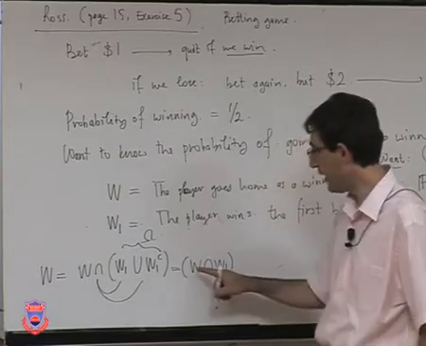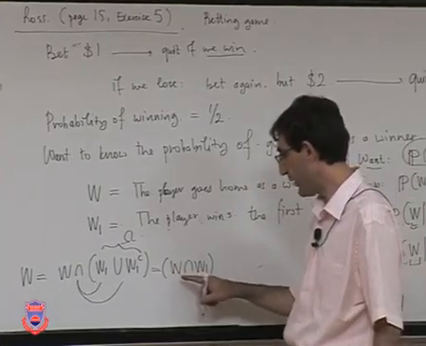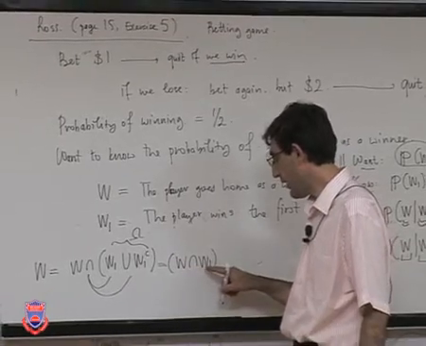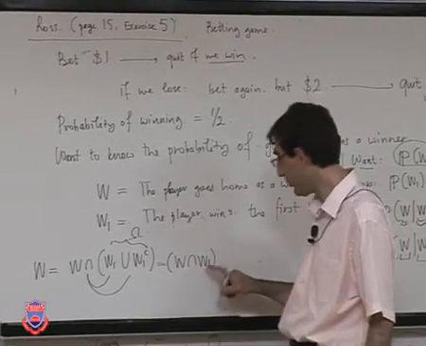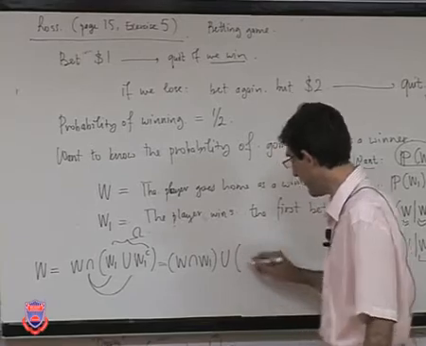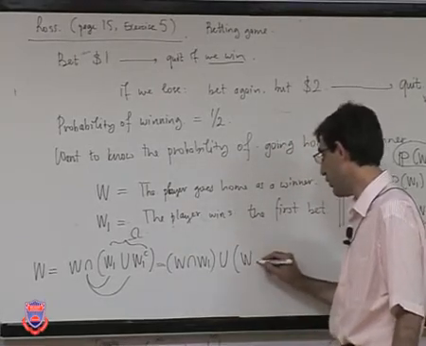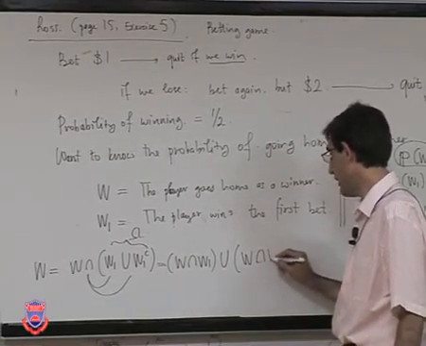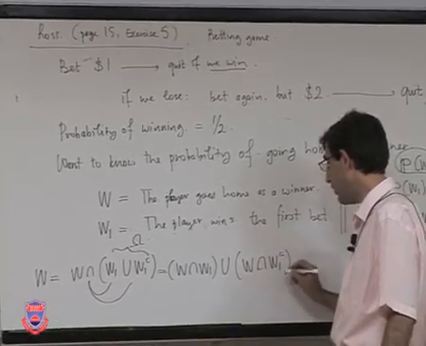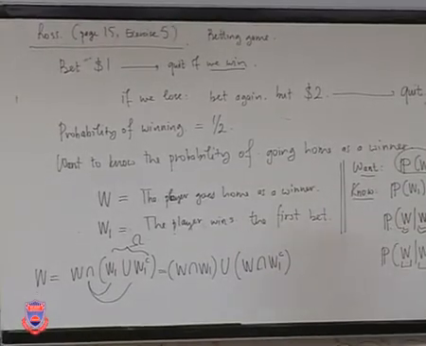This is the event that you go home as a winner, because you have won the first bet, or what else can happen? You went home as a winner, but you have lost the first stage.